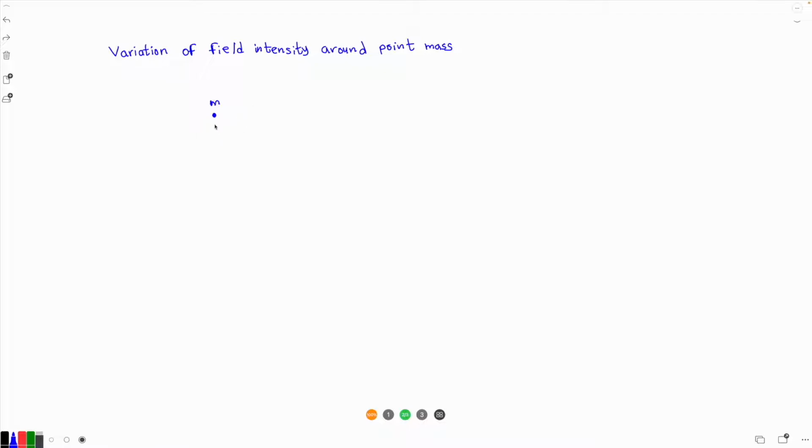So I have to consider the direction. I am taking all the forces acting towards right as positive. All the vectors towards the right direction are positive vectors. So I'm going to draw my axis.